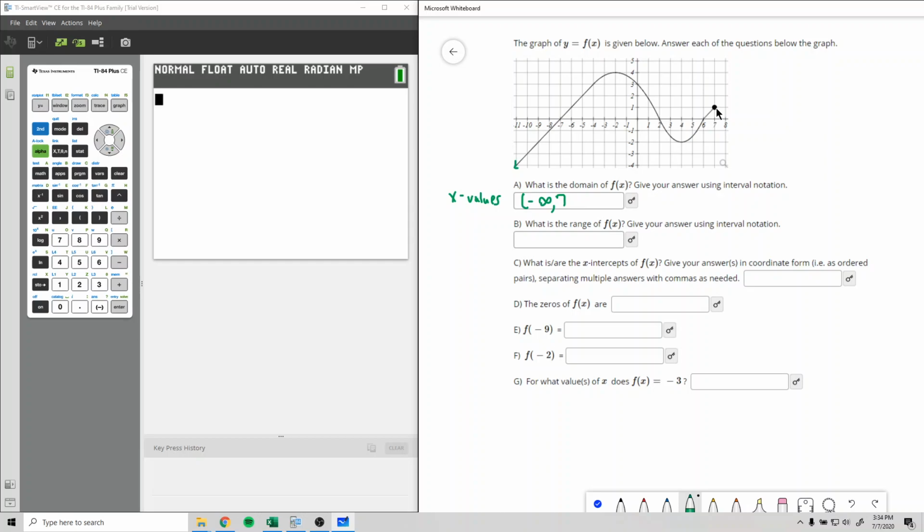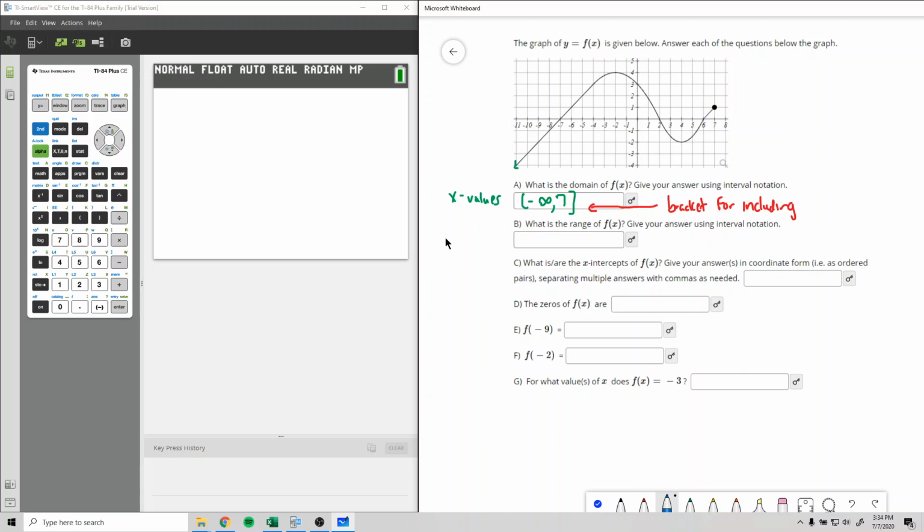Now, since this is filled in, it gets a bracket because we are including. Remember, parentheses for infinity and negative infinity, never a bracket, but the other ones we just have to make sure on.